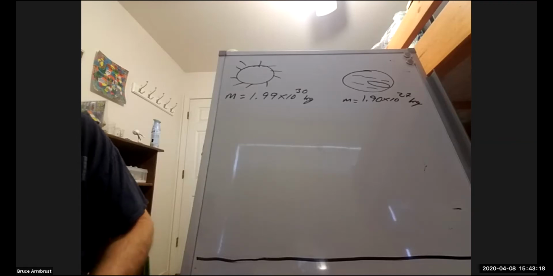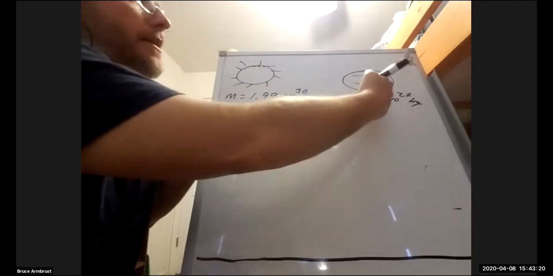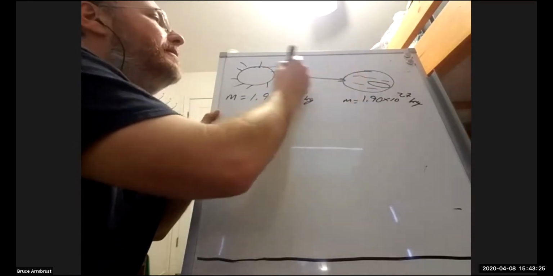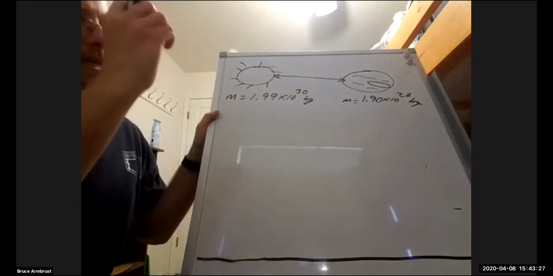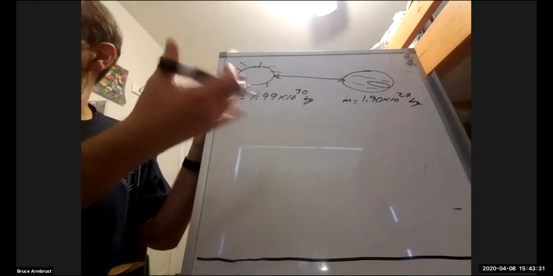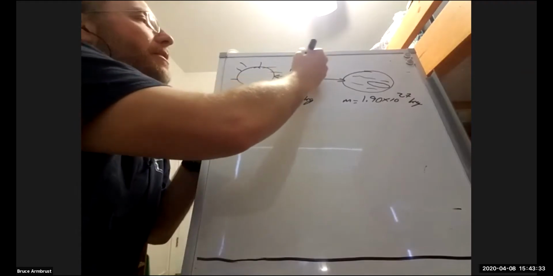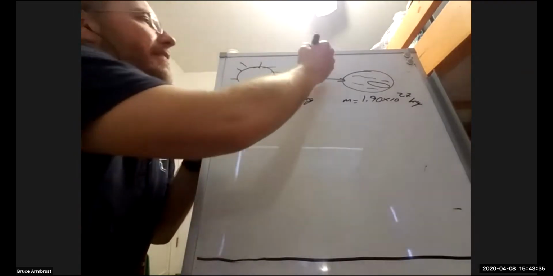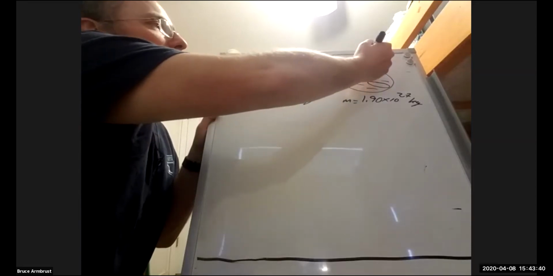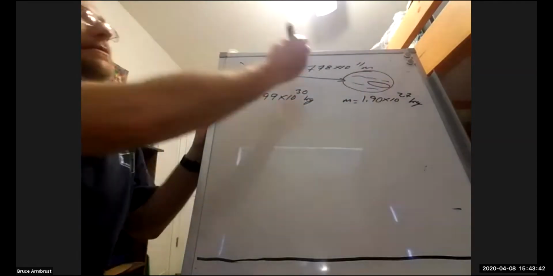And then the other thing I'm going to tell you is the orbital distance. It's not exactly this because it's not a circle, but it's pretty close, that this R is 7.78 times 10 to the 11 meters.